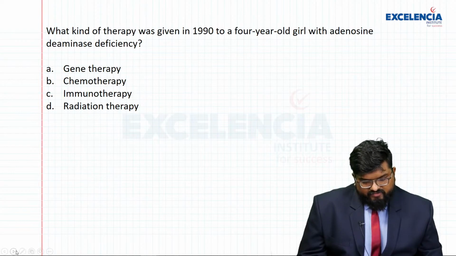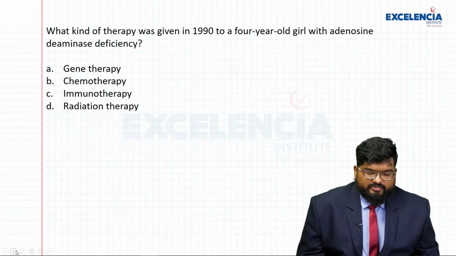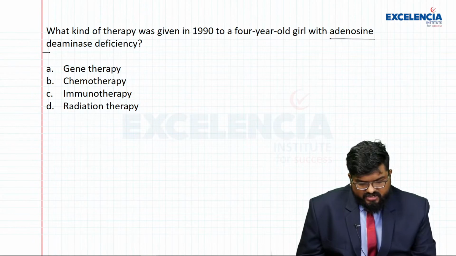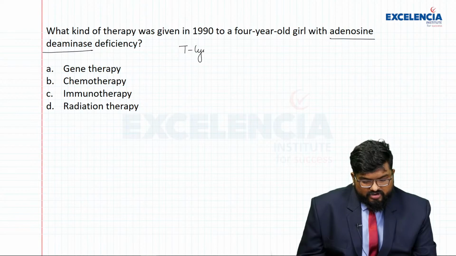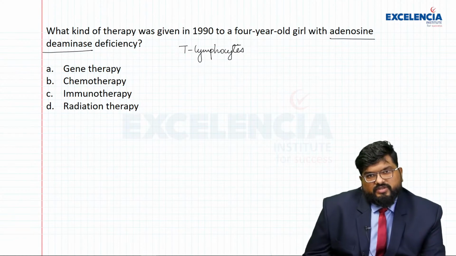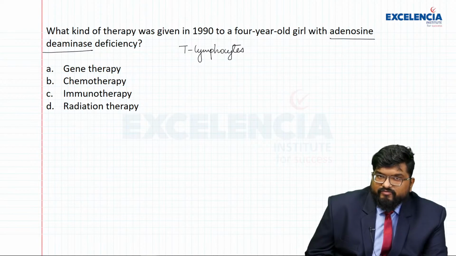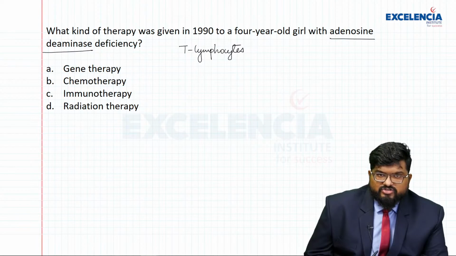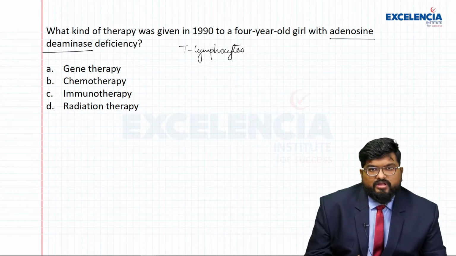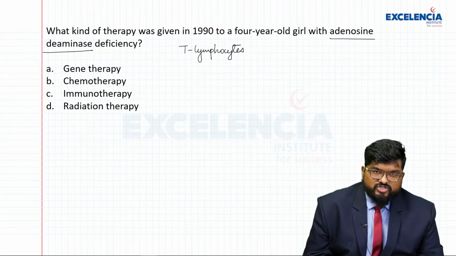What kind of therapy was given in 1990 to a 4-year-old girl with adenosine deaminase deficiency? Adenosine deaminase is an enzyme that is required for the proper functioning of T lymphocytes. T lymphocyte maturation, so that they can provide you with cell-mediated immunity, involves adenosine deaminase functioning.